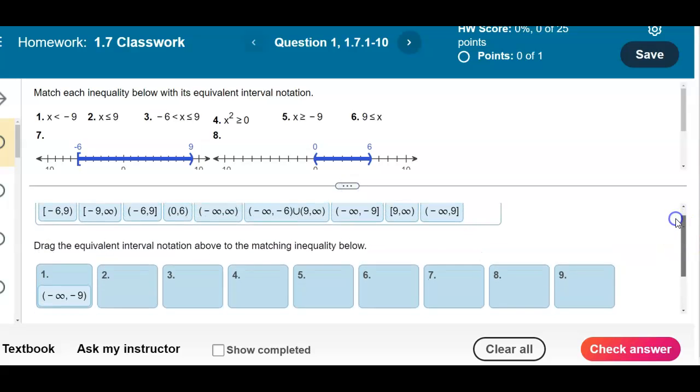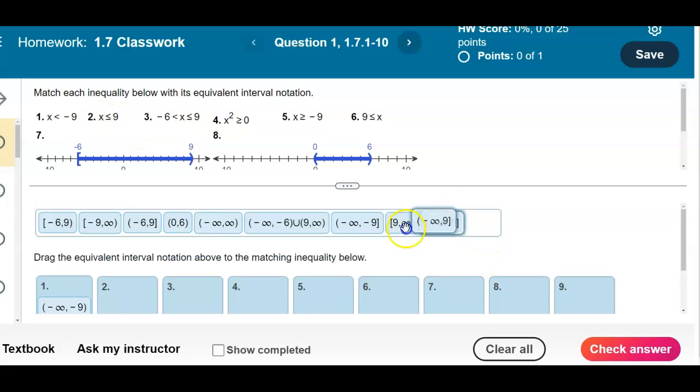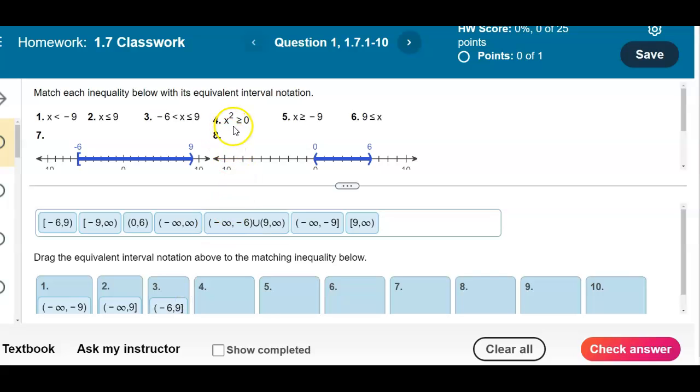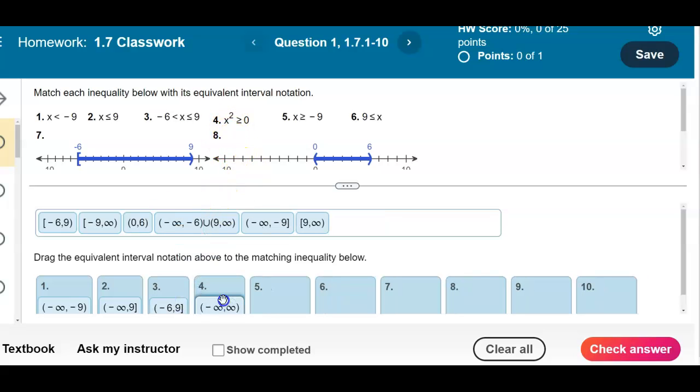The next one goes from -infinity to +9 with a bracket. And then this one's in between, -6 with a parenthesis, 9 with a bracket. This is all real numbers, so this is -infinity to +infinity.